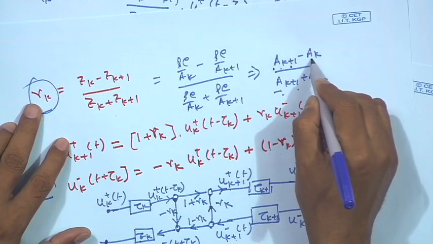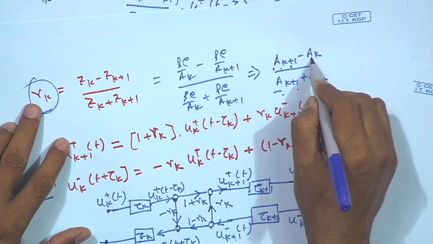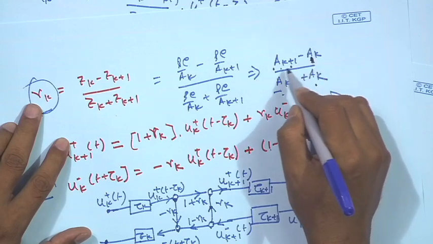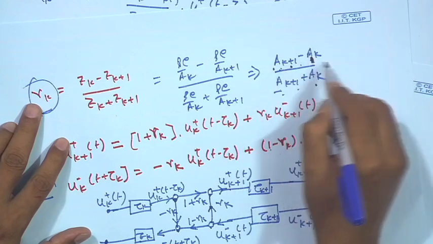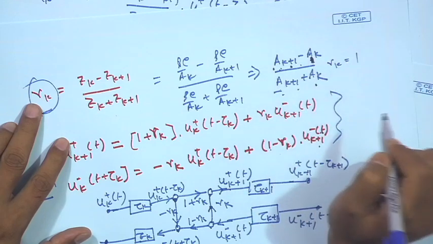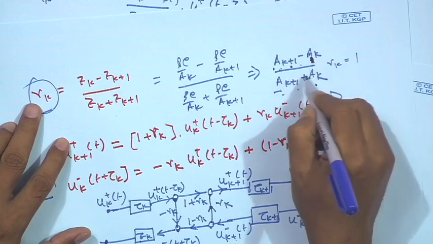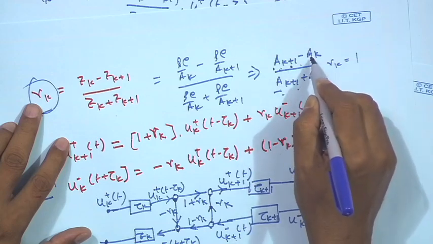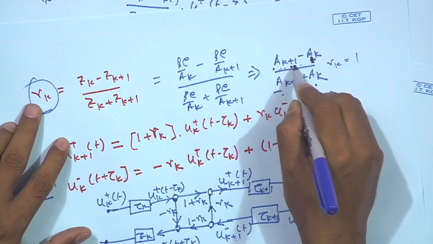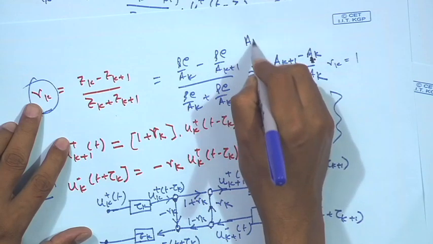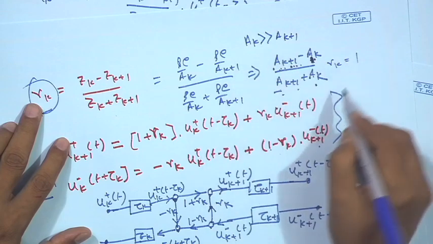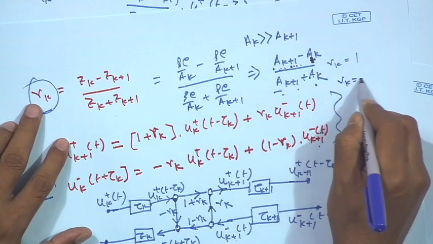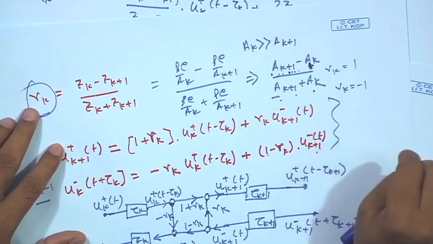If a k is very small compared to a k plus 1, if I neglect a k, then r k will be 1. If a k is much greater than a k plus 1, then I can say r k will be minus 1.